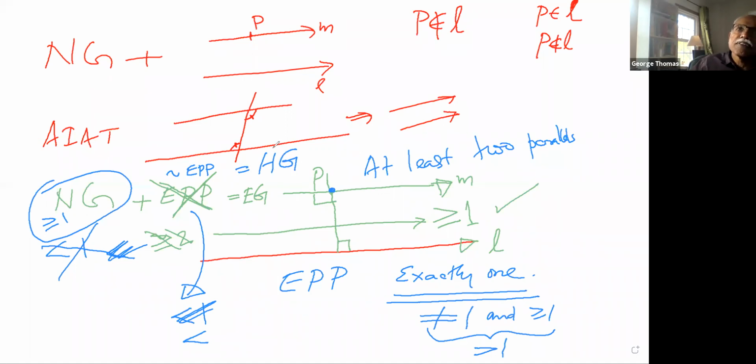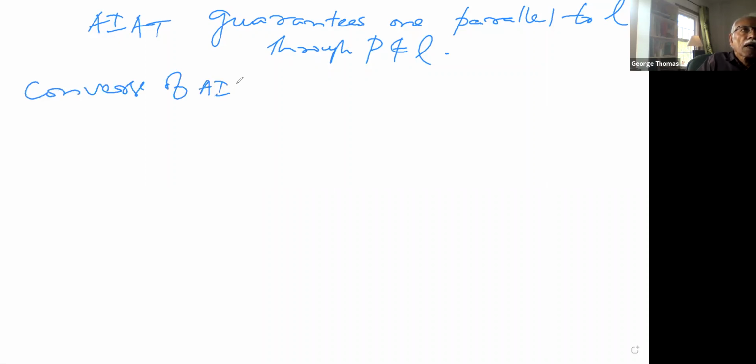It is just like Euclidean geometry. It's beautiful. Okay. So now that we have done this, AIAT guarantees one parallel through P, not on L. The converse of AIAT is equivalent to EPP.